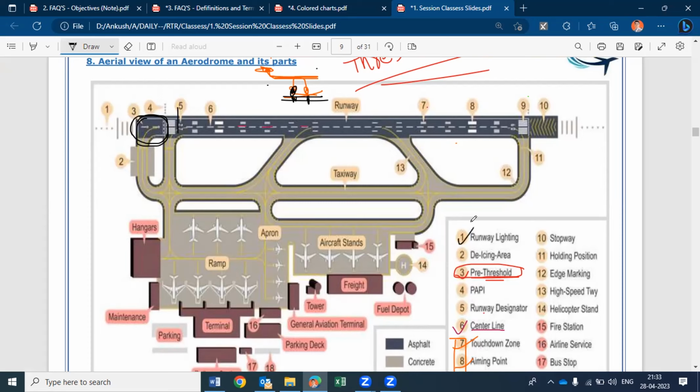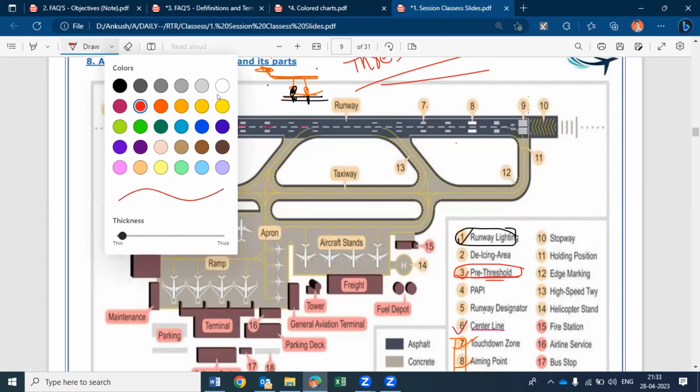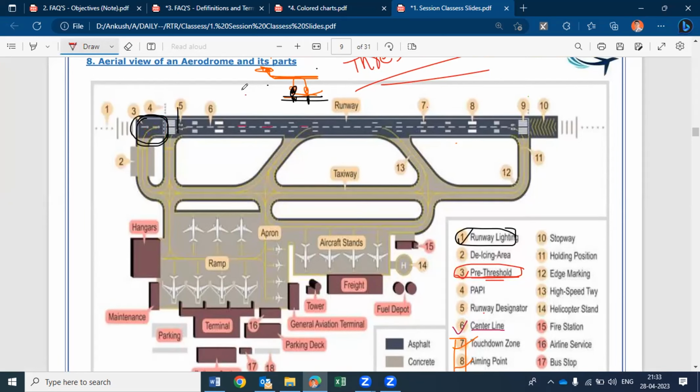Then you may see runway lighting. Runway lighting I'll come to later. This is a wrong definition here, don't confuse it with this. I will come to lights just after completing the definitions. Are you noting down all these points? Everyone, are you noting all these things? Because these things are important, guys.